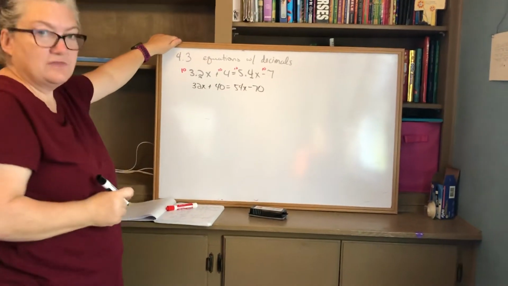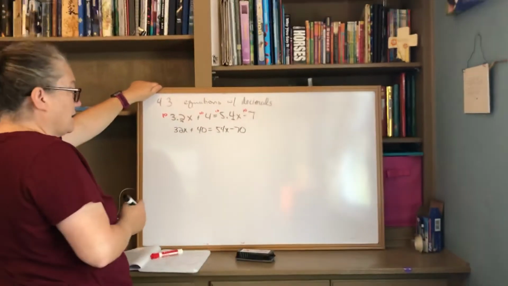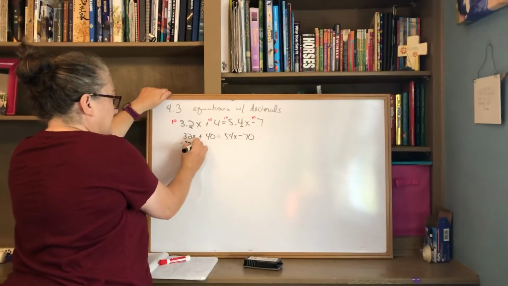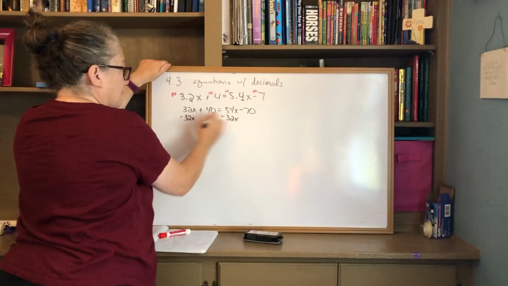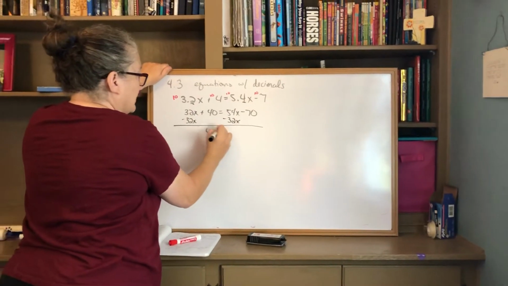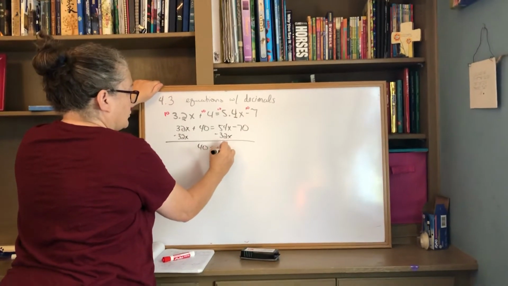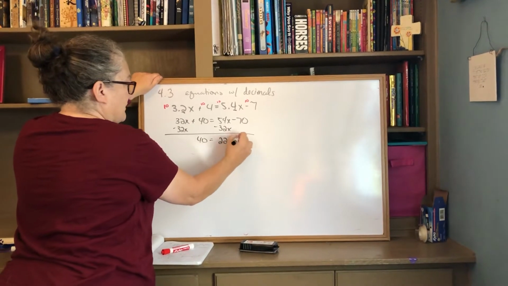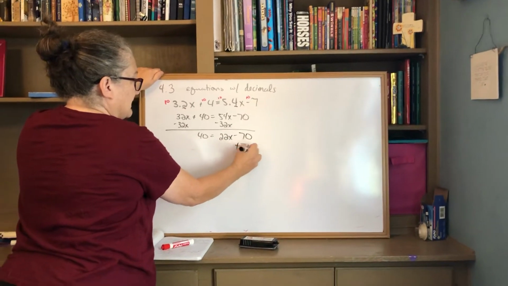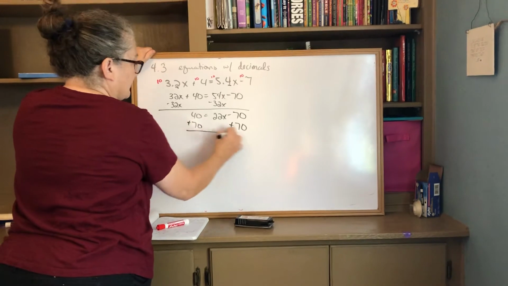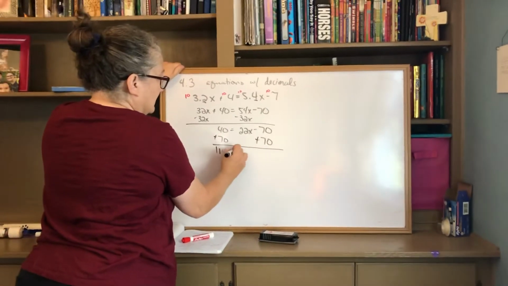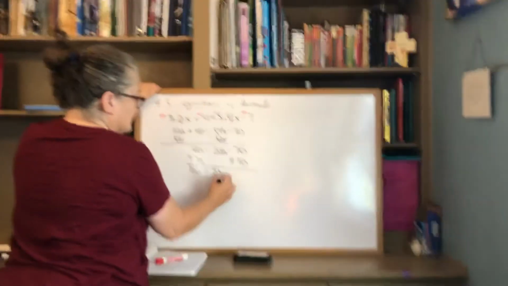And then we can solve the equation from there. So I'm going to start by subtracting 32x. And I have 40 equals 22x minus 70. I add the 70 to both sides. I have 110 equals 22x.